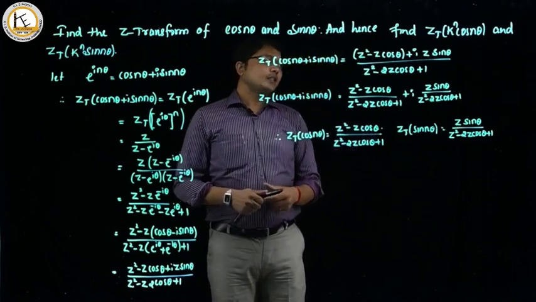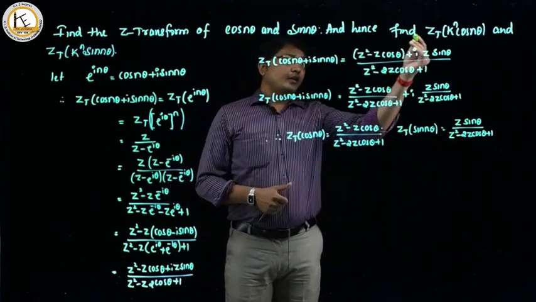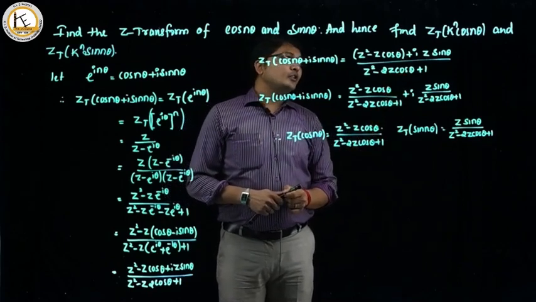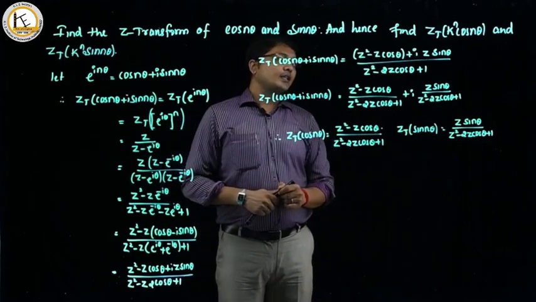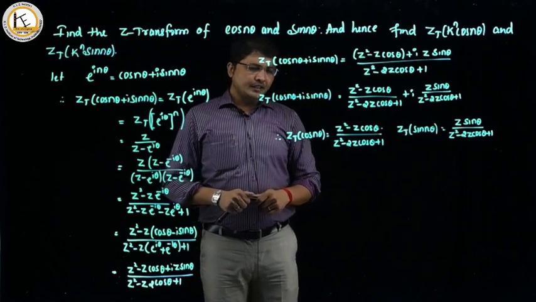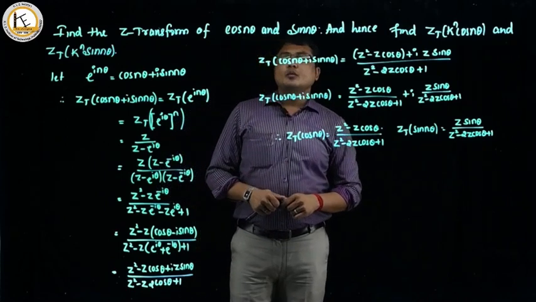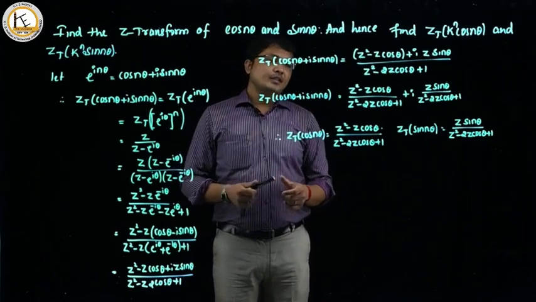So this is the first part. Now we need to find the z transform of k raised to n into cos n theta and k raised to n into sin n theta. Yesterday we studied a property: the z transform of k raised to n into u n will be equal to U bar of z by k.